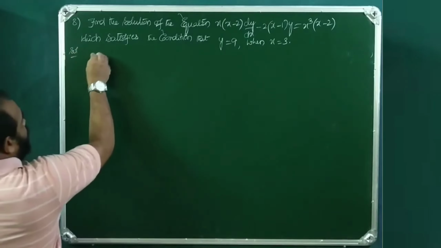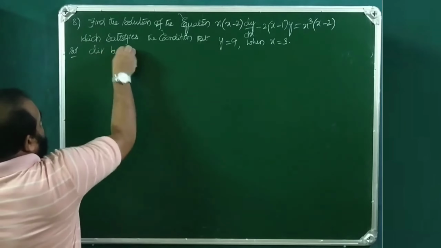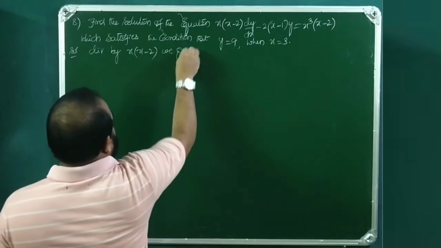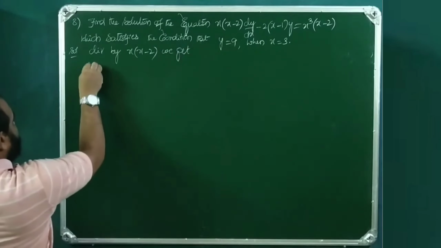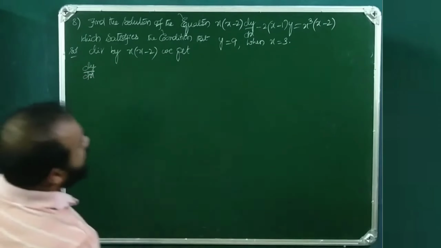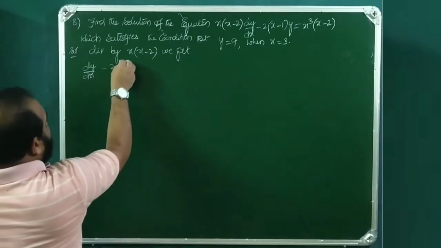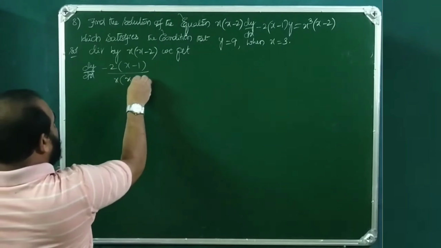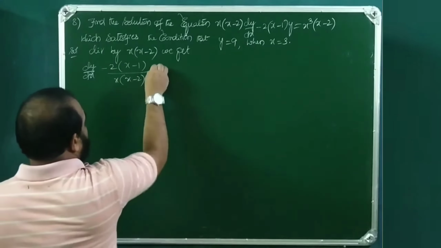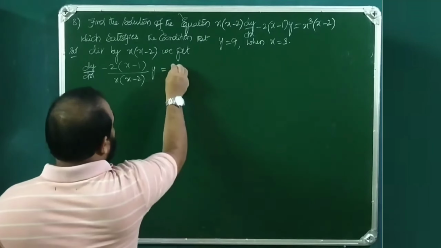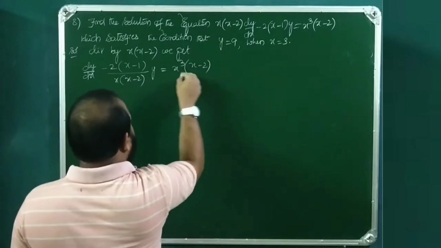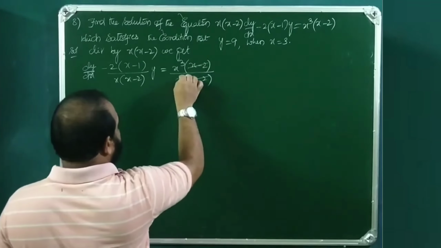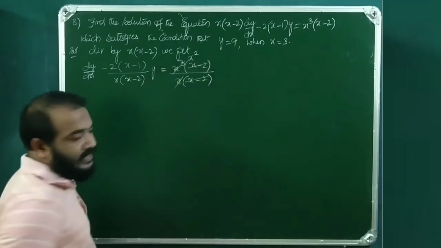the solution. So dividing by x into x minus 2, we get dy by dx minus 2 into x minus 1 by x into x minus 2 y is equals to x cube into x minus 2 by x into x minus 2. x minus 2 gets cancelled, x square times.